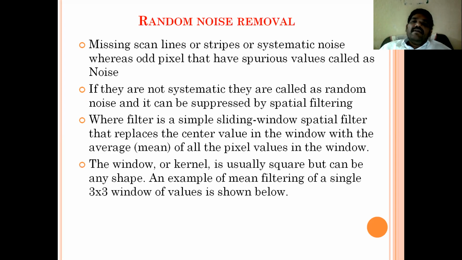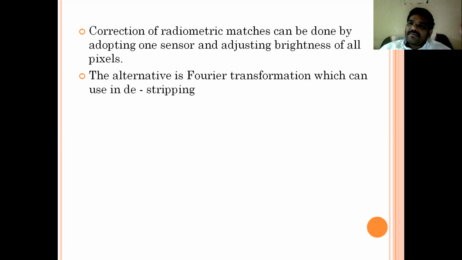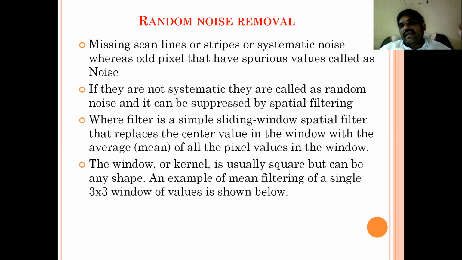See here, now the next one is random noise removal. The abnormal values at one particular point, not an entire line, at one particular point, is called random noise, as it is observed at corners here and there. We named it random.